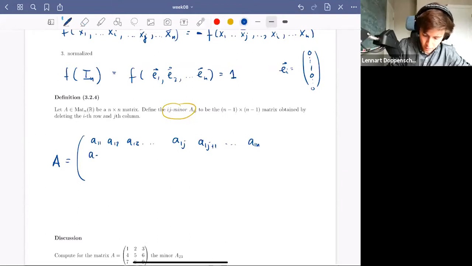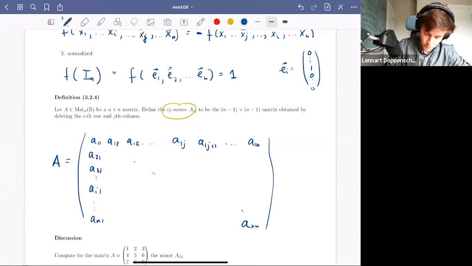And then we go down A21, A31. At some point, there's an Ai1, and so on. And then there's an An1, and then this is Ann. So you get the idea. This is just the usual indices that we give.